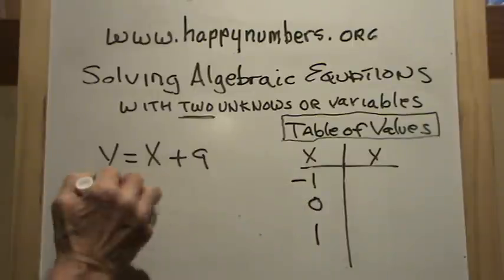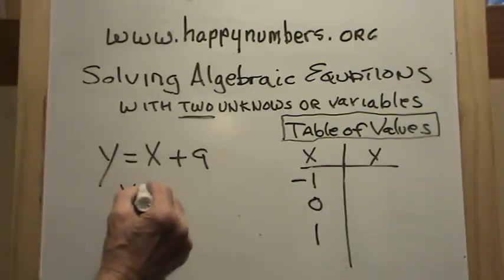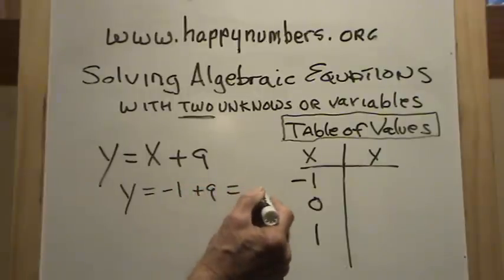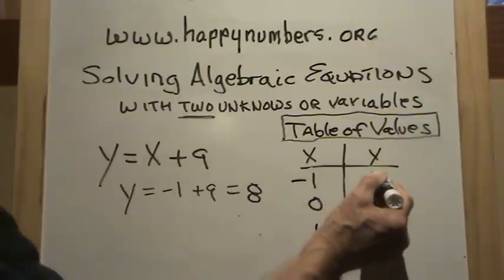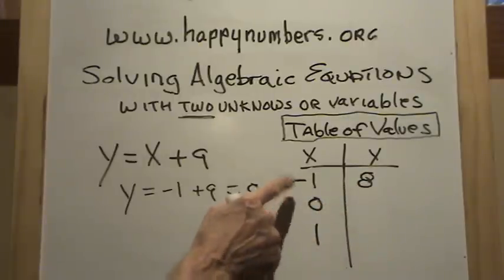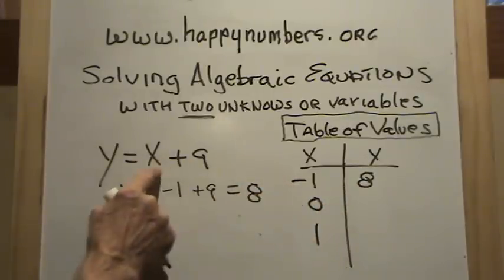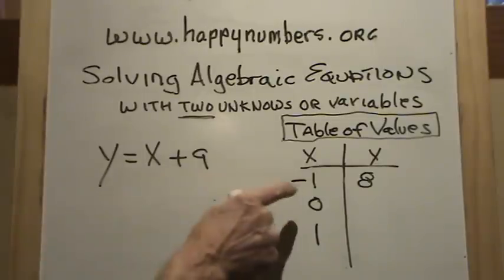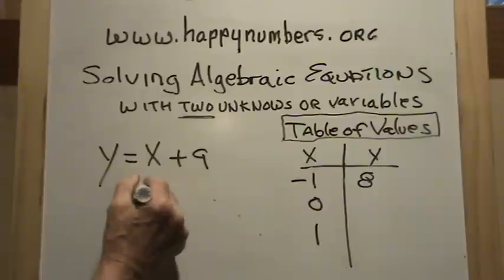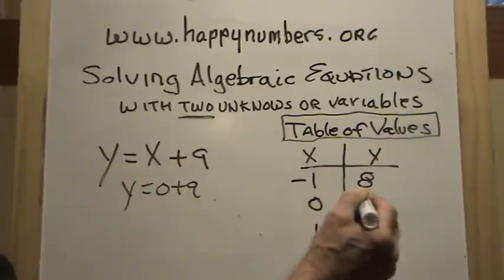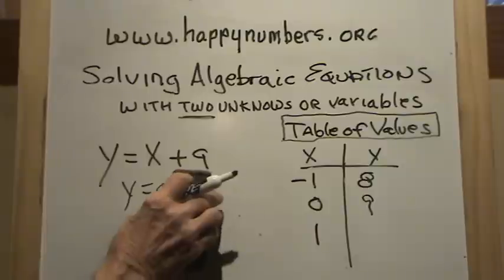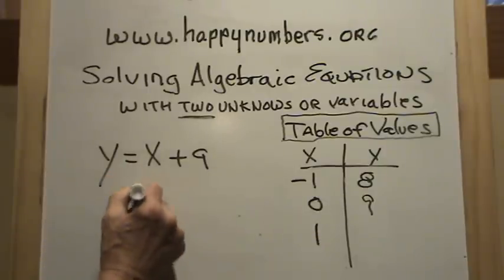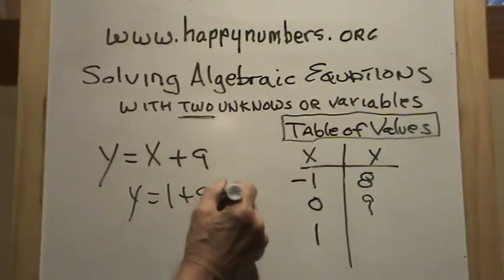Here, if x is -1, y would equal -1 plus 9, which would give us 8. So in this equation, when x is -1, y is 8. If x is 0, well, y would be 0 plus 9, which would be 9. And obviously, if x is 1, then y would be 1 plus 9, which would equal 10.